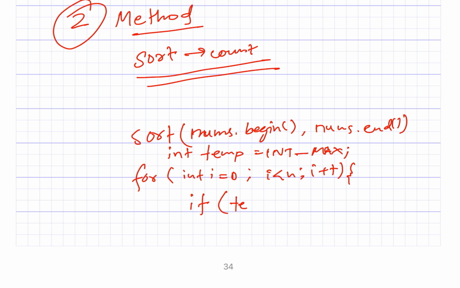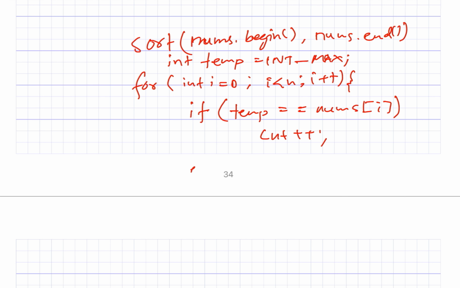So we will check if temp is equal to nums of i. For every element we will check. If it is equal, then we will increase our count, and if it is not, then what can we do? If it is not equal, then we have our count and we should check how many times it occurred. We'll check if our count is greater than the frequency limit.